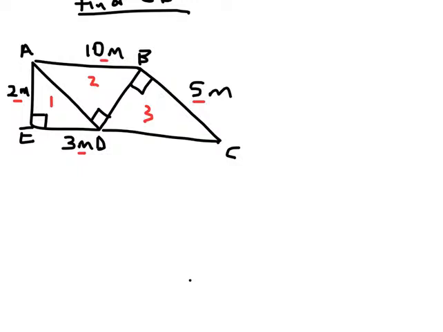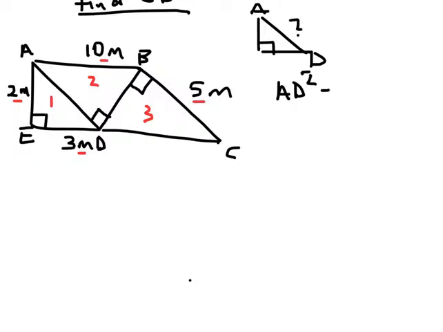So that means for triangle number 1, what you are actually looking for is this side, AD, because AD is the side that is connected to triangle number 1 and 2. So you always look for the side which is connecting 2 triangles. So obviously that side AD is our hypotenuse.